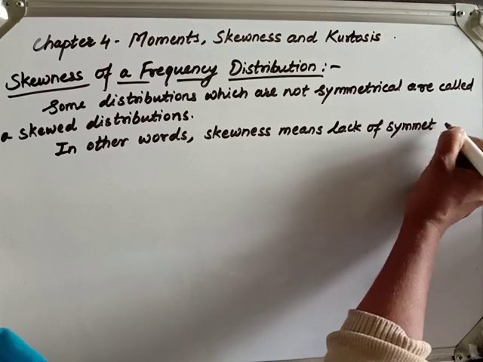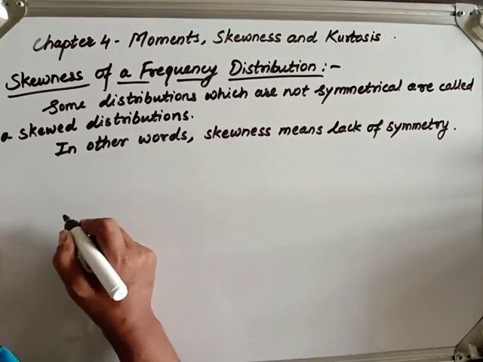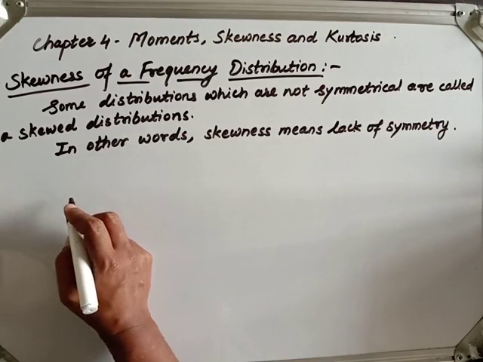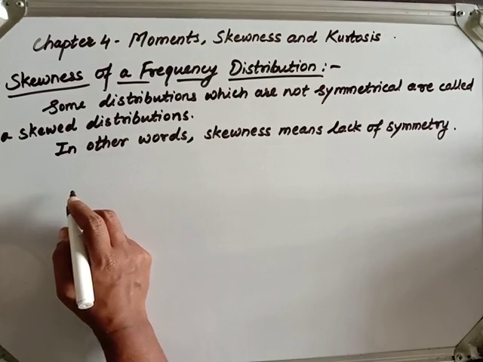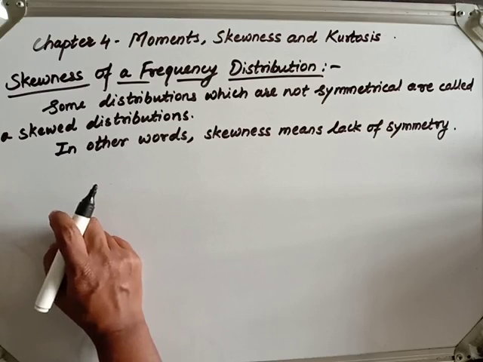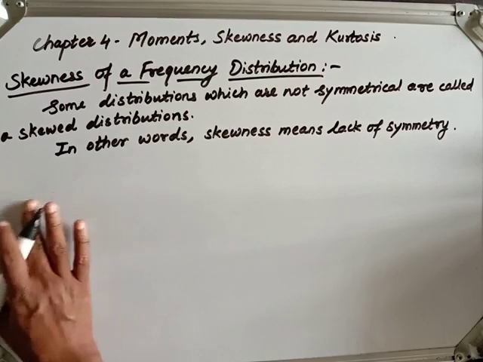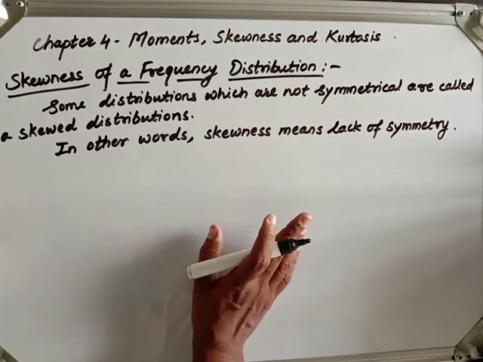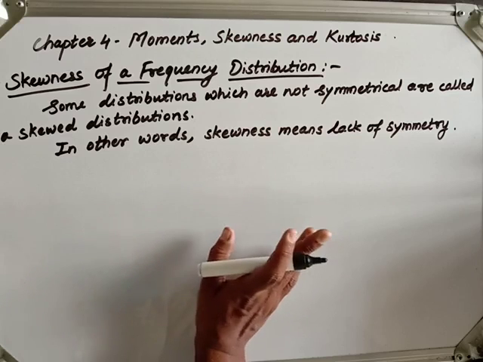So for example, income of individuals, number of misprints per page, number of accidents per day. These are not symmetrical distributions. They may vary in different areas.